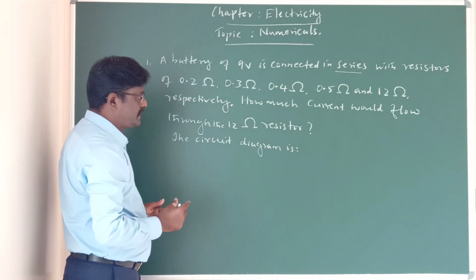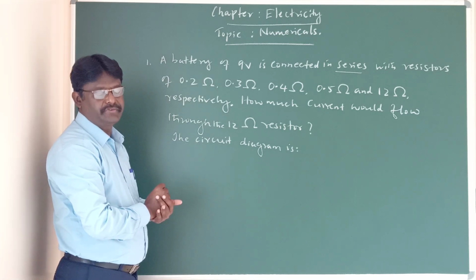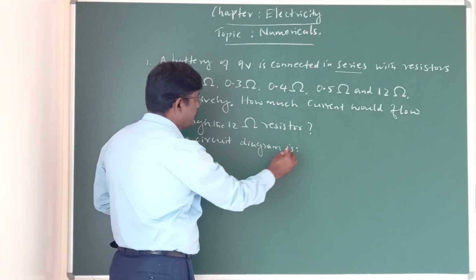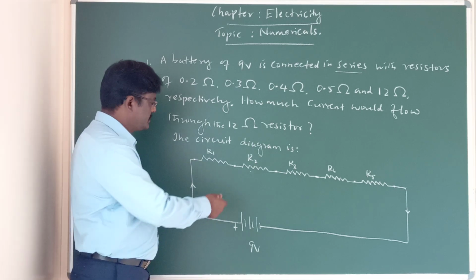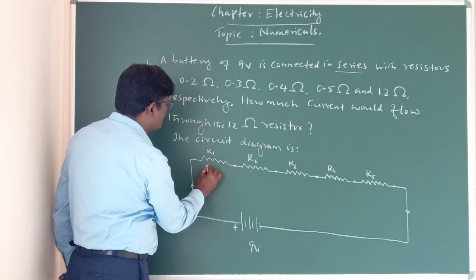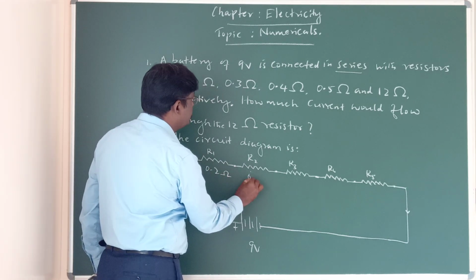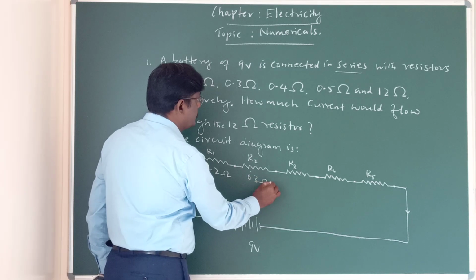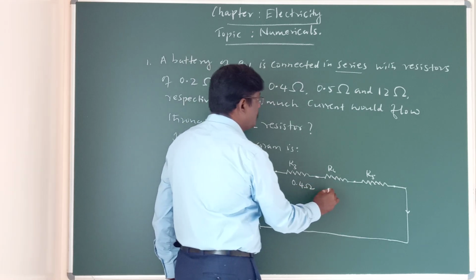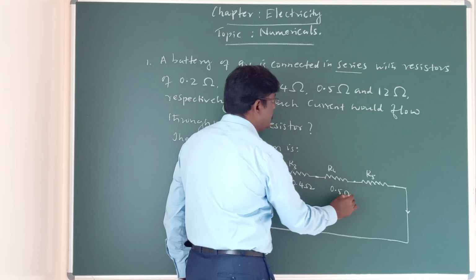Sometimes it is better to draw the suitable circuit diagram. Now let us draw. So in this circuit diagram, R1 0.2 ohm, R2 0.3 ohm, R3 0.4 ohm, R4 0.5 ohm and 12 ohm.